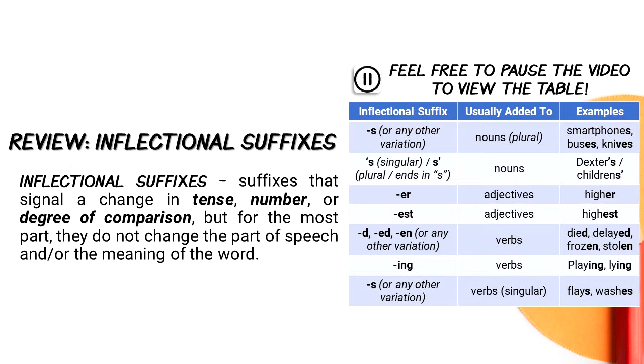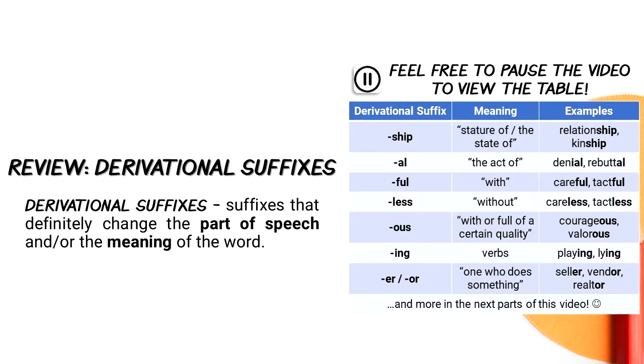There are also two varieties of suffixes: inflectional and derivational. Inflectional suffixes are suffixes that signal a change in tense, number, or degree of comparison. But for the most part, they do not change the part of speech and/or the meaning of the word. On the other hand, derivational suffixes are suffixes that can definitely change the part of speech and/or the meaning of the word.